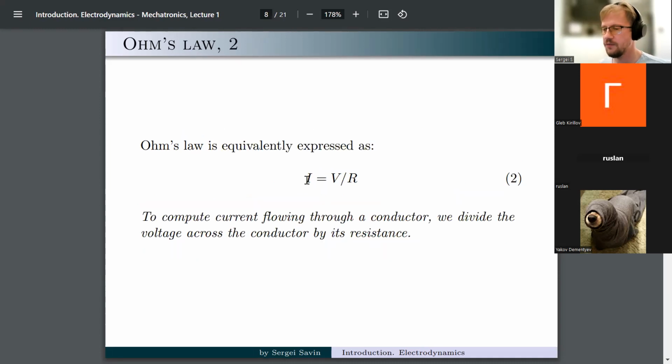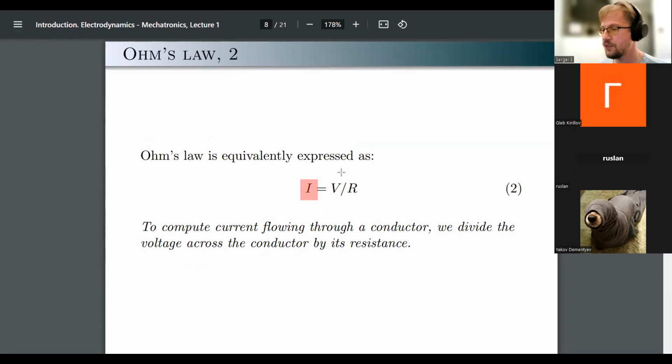Now, one of the useful ways to think about Ohm's law, that is to say, if we want to compute current but we don't know it, if we know voltage, we can divide it by resistance and we will know current. What is typically happening is resistance is known.